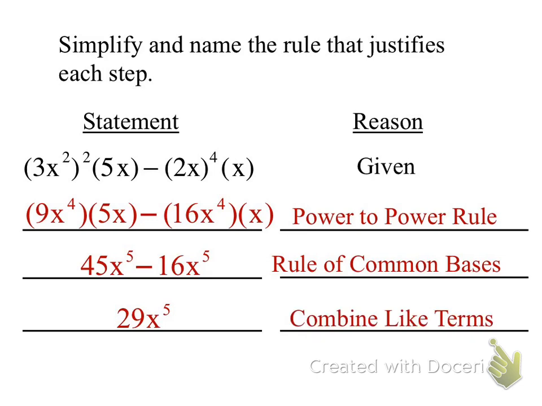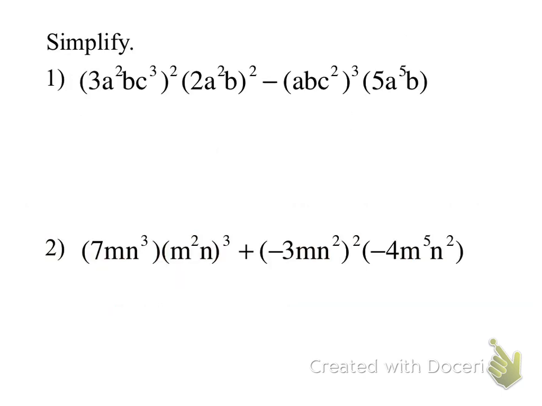Do you understand how to put all these together? Try number 1. Go. Pause the recording. Okay, let's check our work. So the first one should simplify. This becomes 9a to the 6th, b squared, c to the 6th.